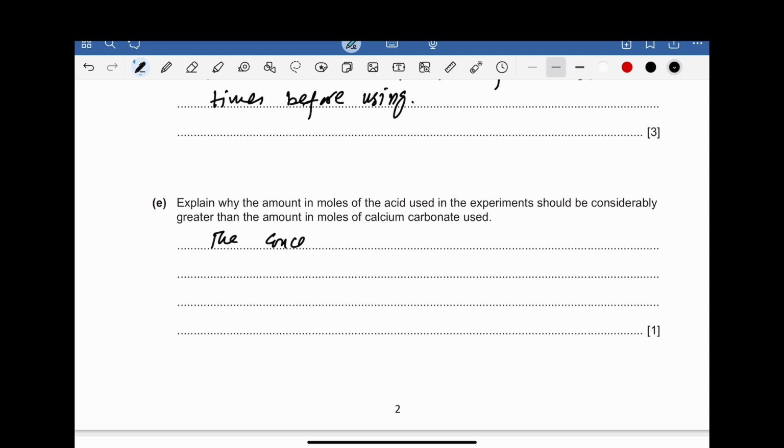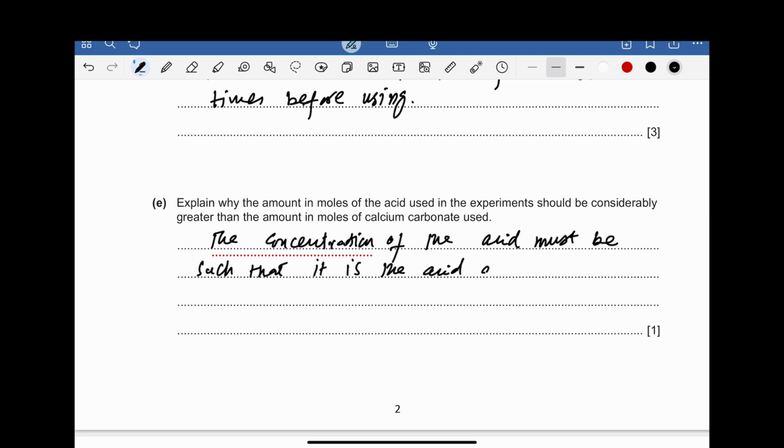The concentration of acid must be such that it is the acid and not the marble chips which is controlling the rate of reaction.